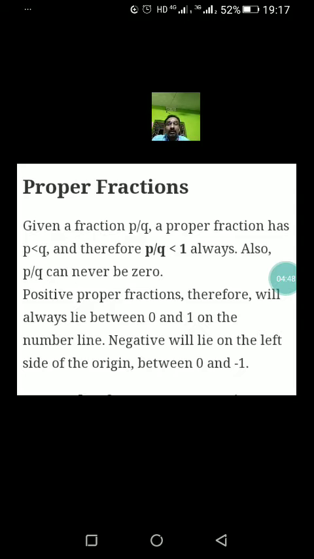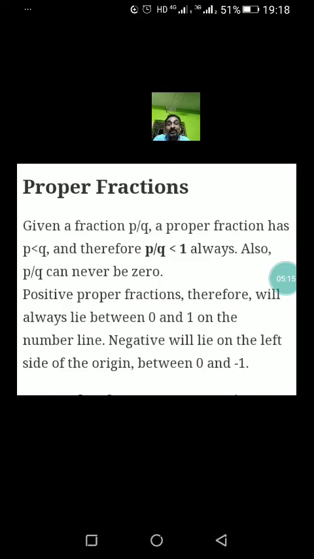What is a proper fraction? If you are given a fraction p by q, a proper fraction has p less than q, and therefore, p by q less than 1.